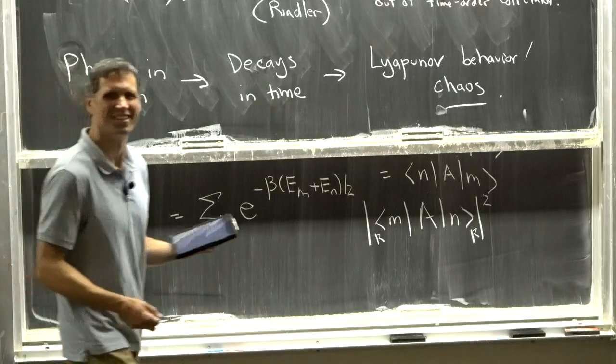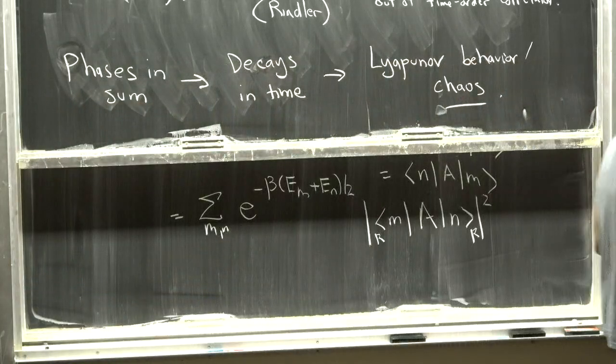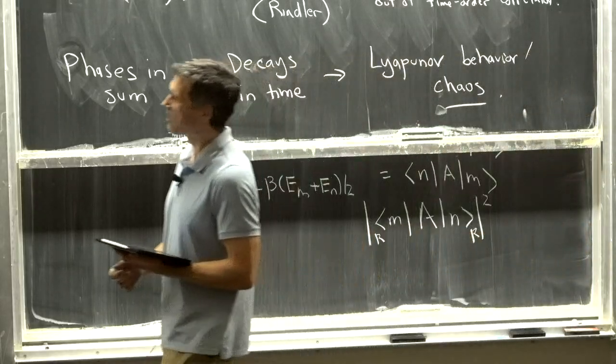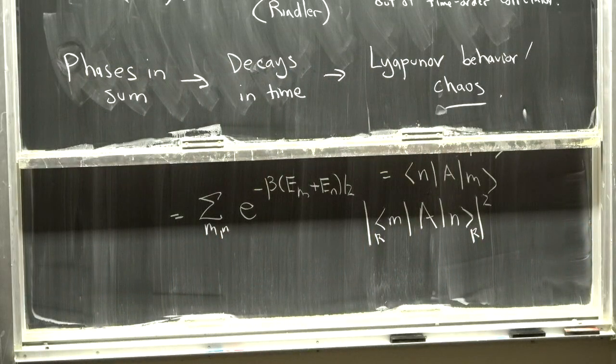Other questions? Is the role of the purification important here? Because in OTOCs, I guess people would think of just a single thermal state rather than purification. Good. So the question is, is it important that you purified? Because usually in thermal OTOCs, you don't need to purify.